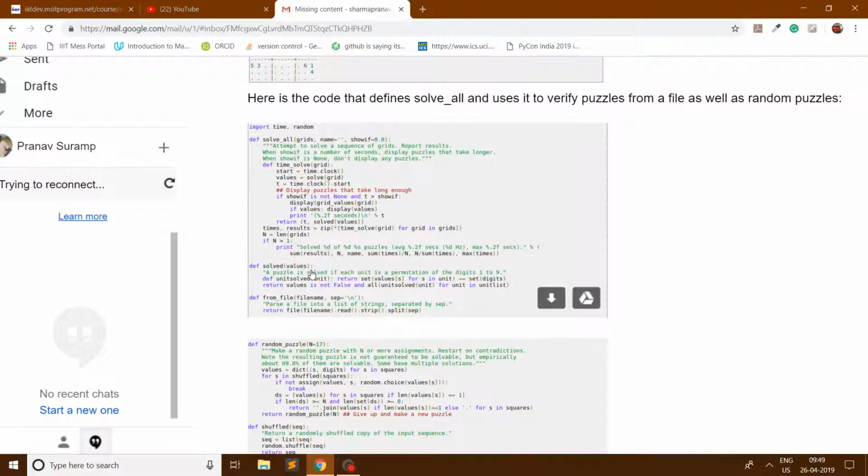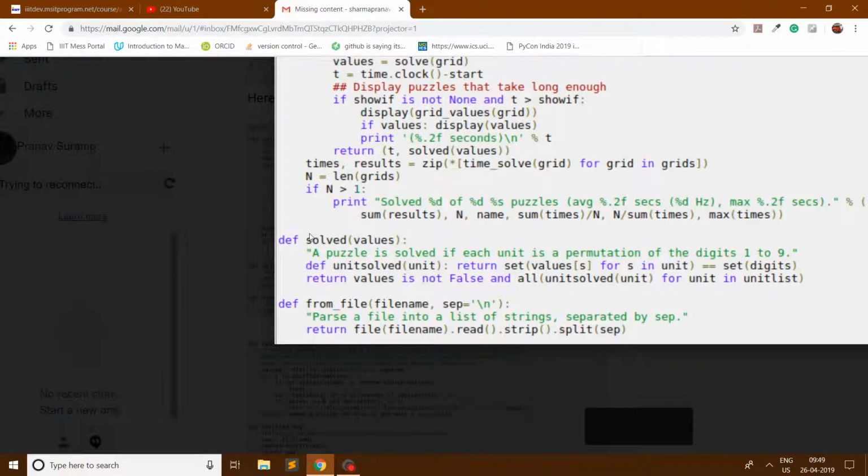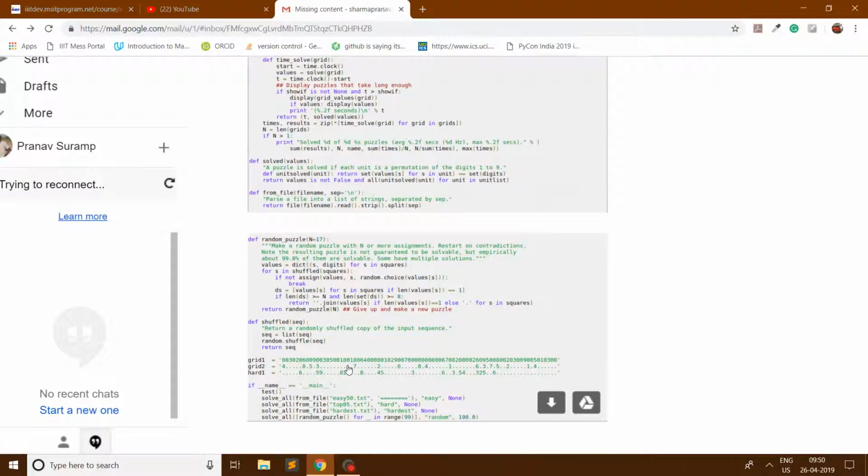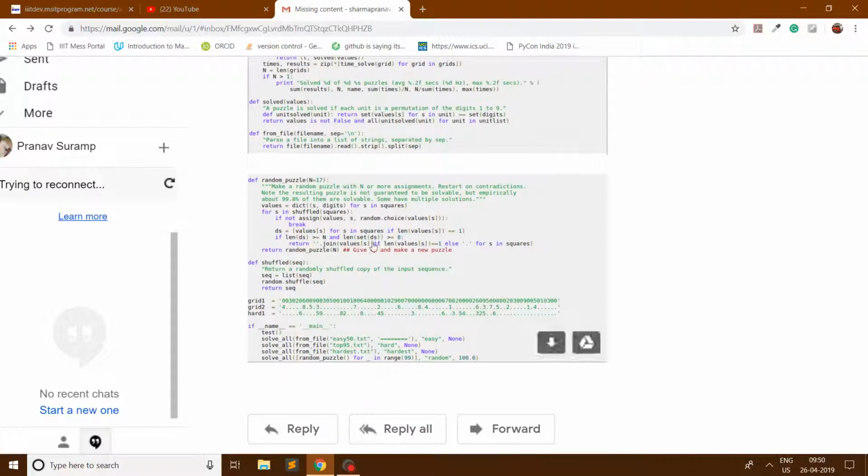from_file is basically to load a file from memory into the Python program, and this is the random puzzle generator that we are talking about. So this is basically cleaning the input.